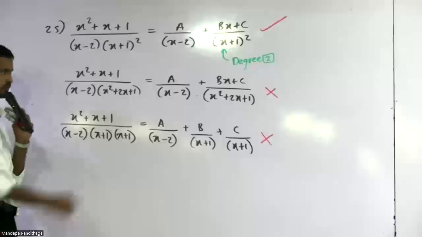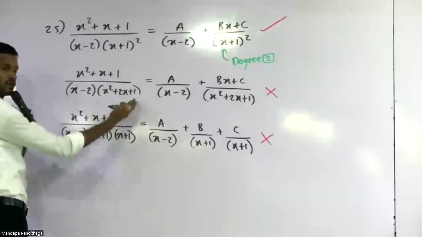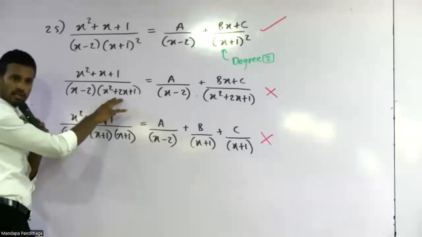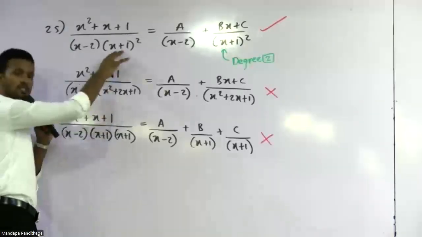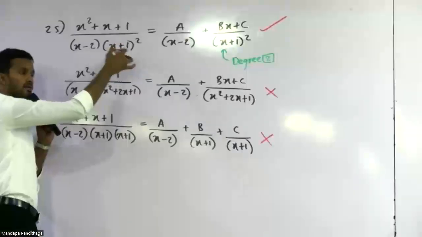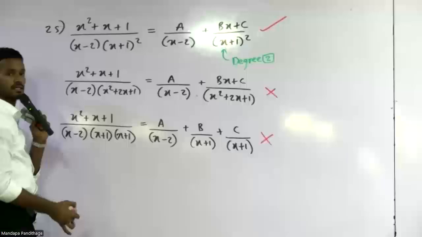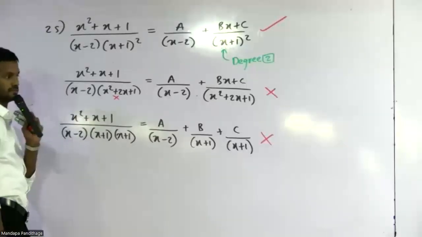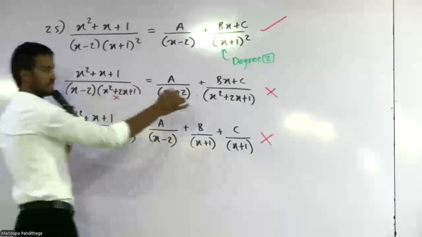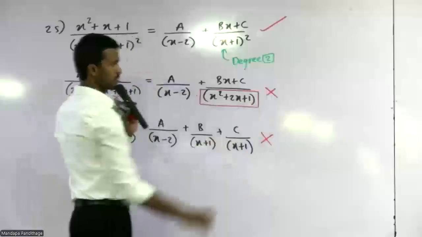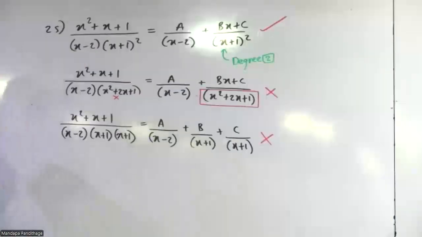If I ask you, consider this polynomial, if I ask you to factorize this, tell me, will you keep this one as the final answer? No, you keep this in this format. So this is wrong. When I'm asking you to completely factorize it, expanding it is wrong. So that's the error here. So the second one is wrong. Why did you expand it? It's not a complete factorization. Okay.